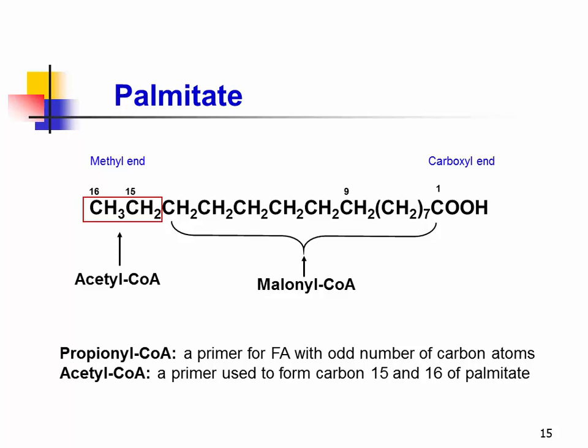The rest of the carbons in between actually come from malonyl-CoA. So when you run the cycles, the carbon donor is malonyl-CoA, right?